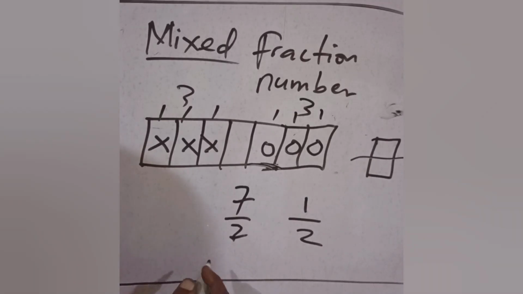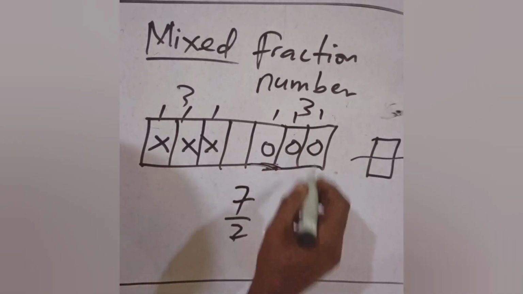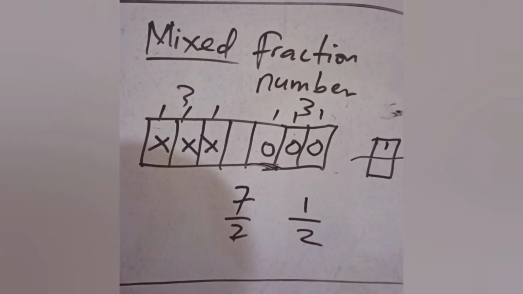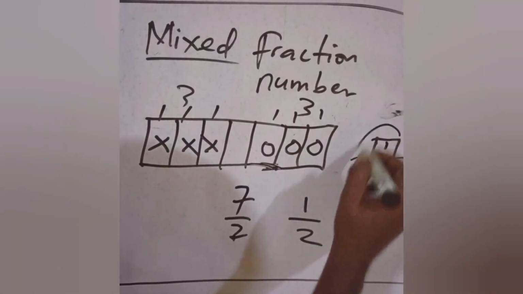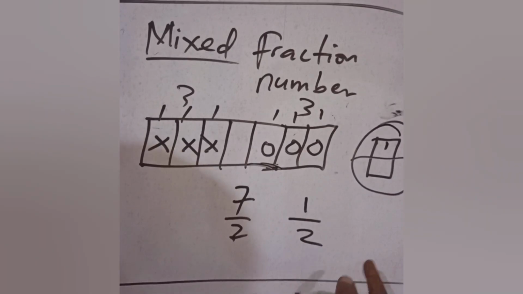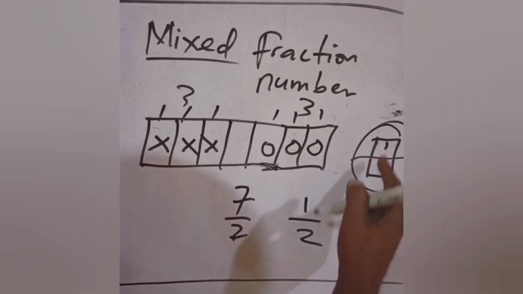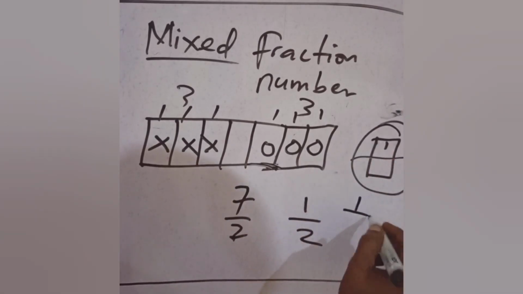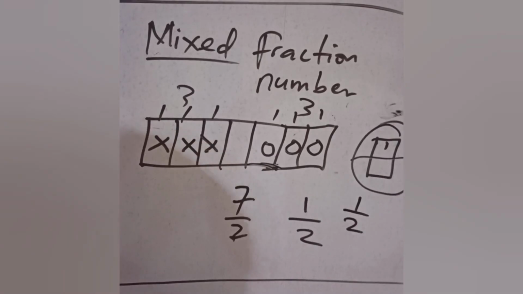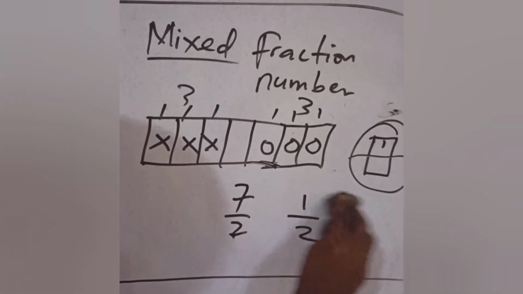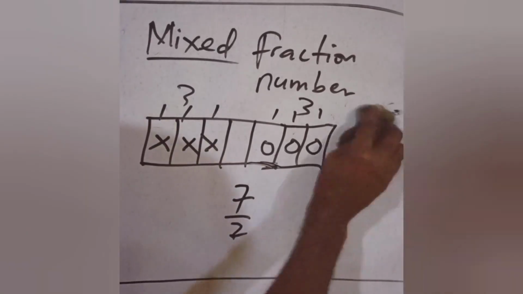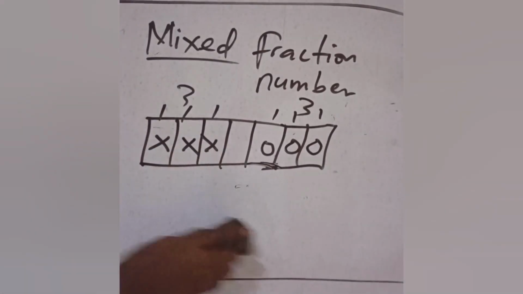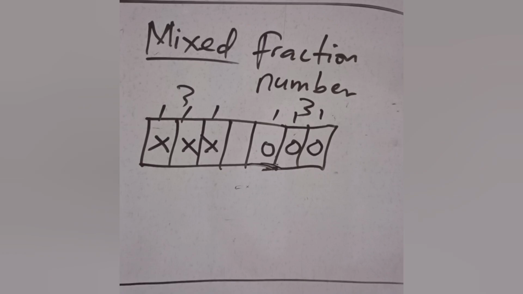And remember, a fraction is part of a whole. So if this is a whole, this bit that goes for 1 is 1 part out of 2. So that's the basics of mixed fractions.